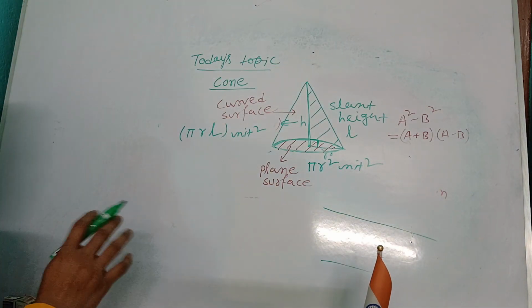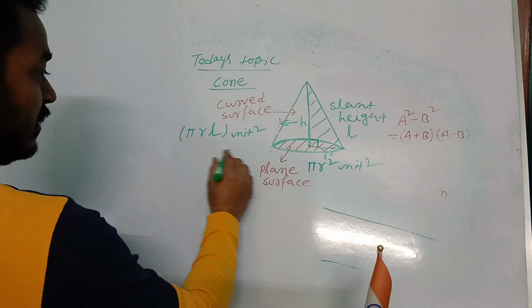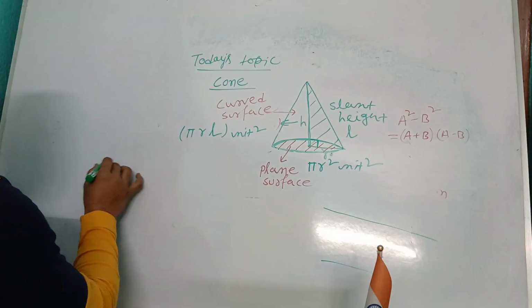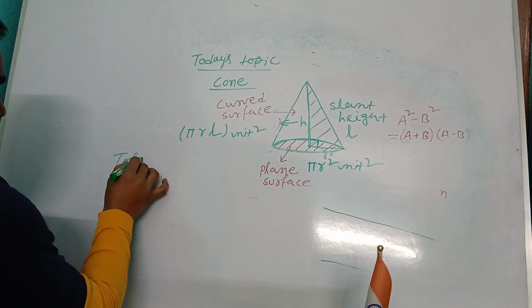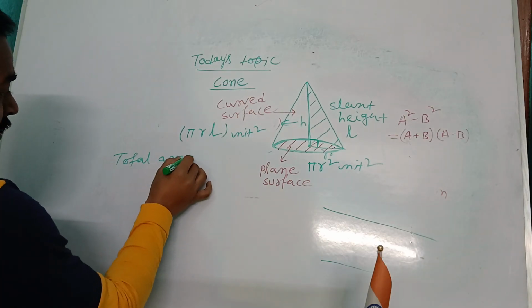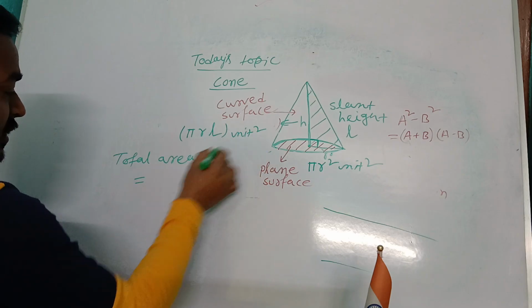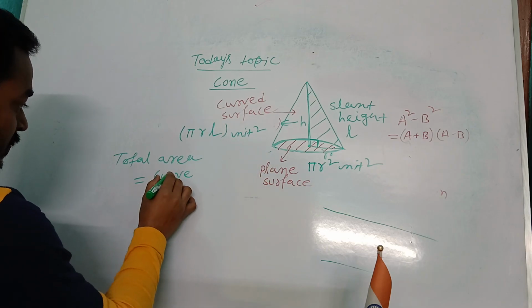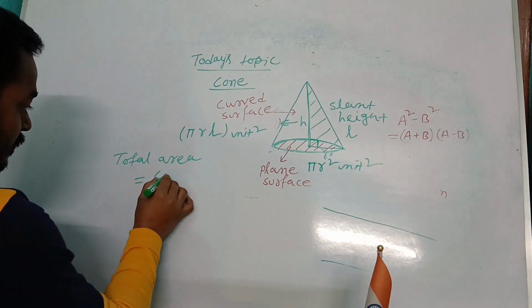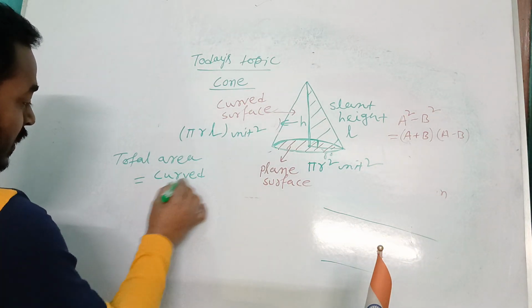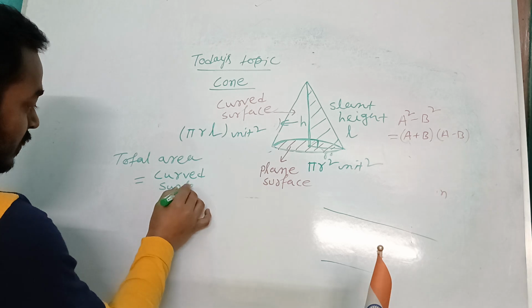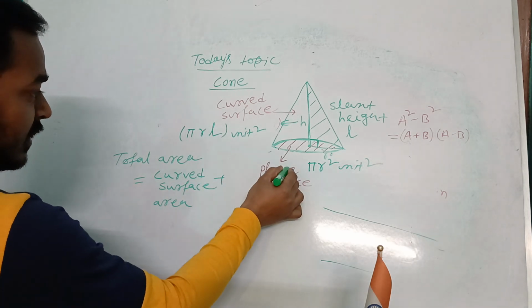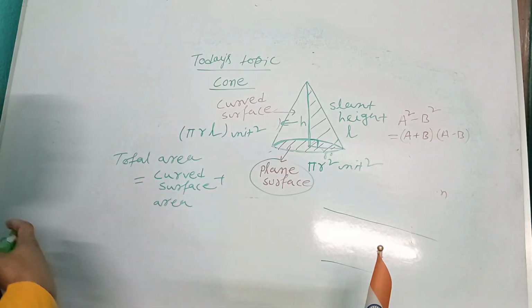Next one. So what is the total area? The total area is equal to the curved surface area plus the plane surface area.